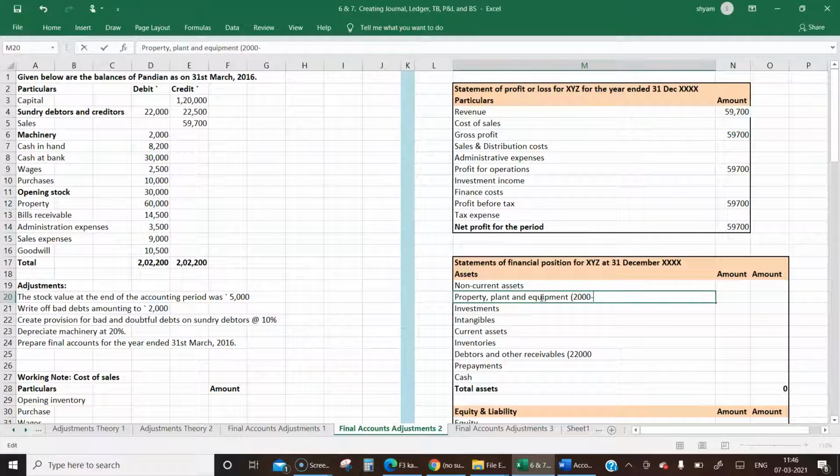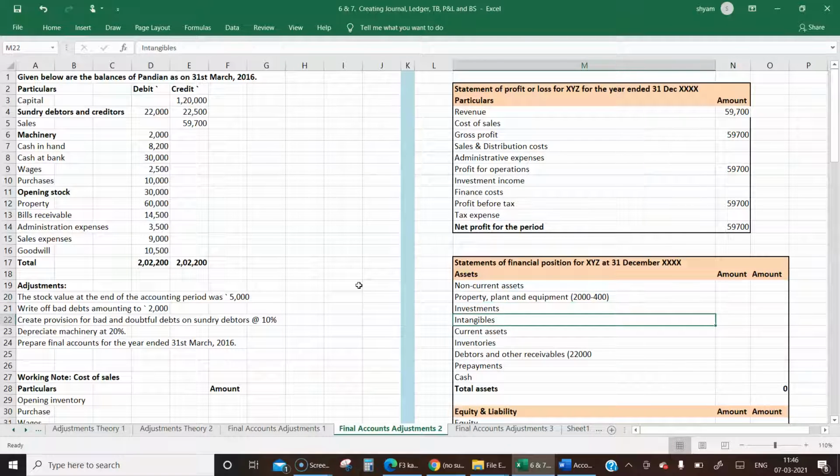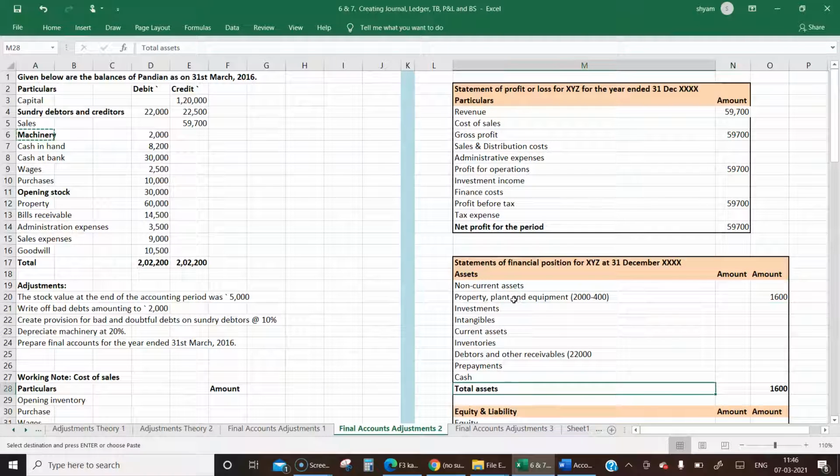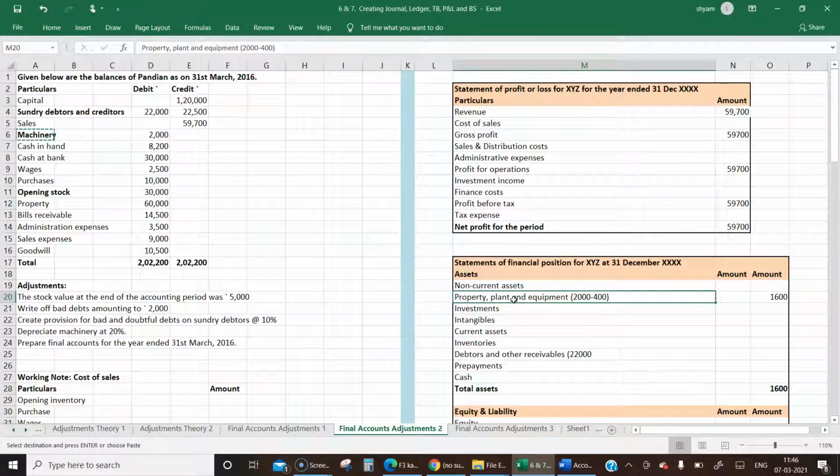So depreciation is 20%. 20% of 2,000 would be 400. So the balance 1,600 should be shown in the asset value. So we can take the machine and use it there.